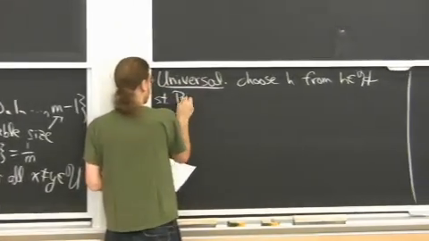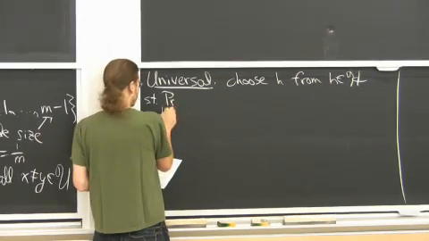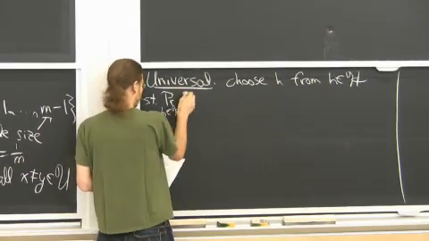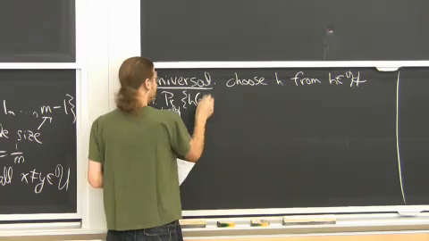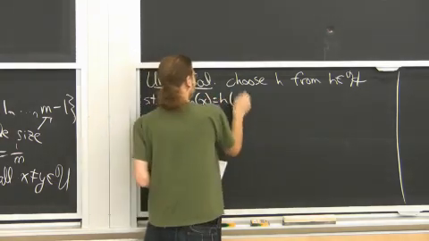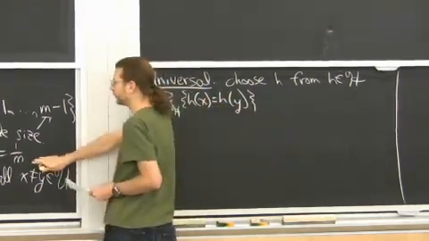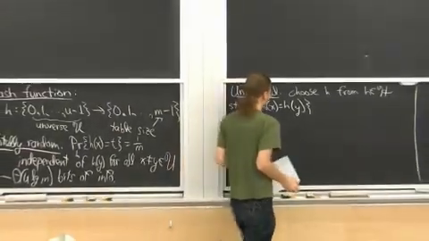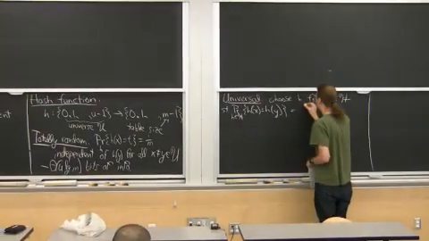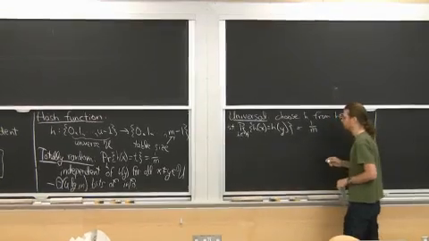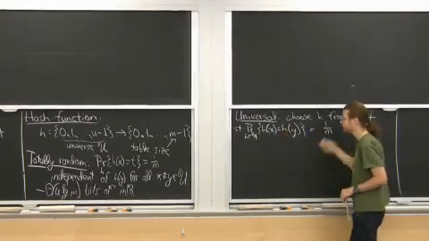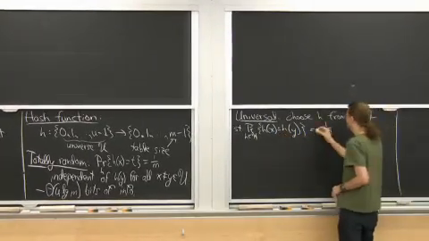And the property we want from that hash family is that if you look at the probability that two keys collide, you get roughly what you expect from totally random, which is you would hope for 1 over m. Once you pick one key, the probability the other key would hit it would be 1 over m.